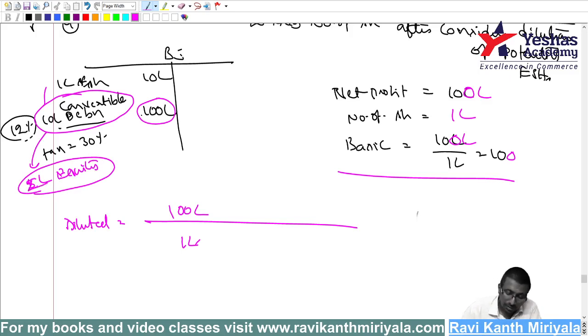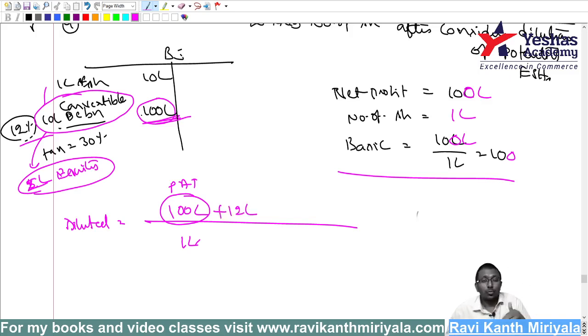See, if the 100 lakh debenture is not there, I will not be having the interest either. 12% of 100 is 12 lakh. This 12 lakh must have already been deducted because this is PAT, profit after tax, which is already after deducting the interest. That's why you have to add it back. Why add back, sir? I am assuming the debenture is no more, it is already converted, so I will not be paying interest.